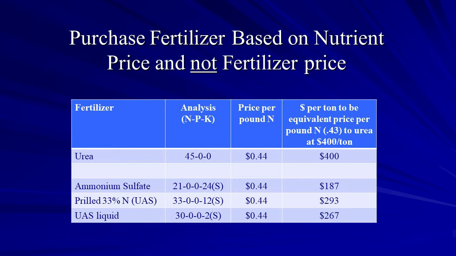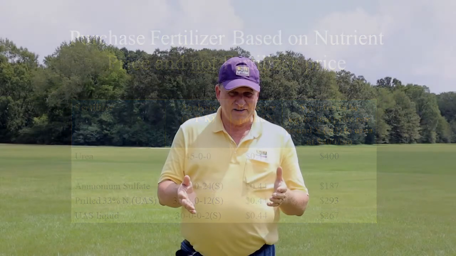If you're using a liquid fertilizer, the 30-0-0-2, if urea was about $400 a ton, that fertilizer would need to be about $260 a ton so that you could get the same amount of nitrogen for the same money. So the main thing is, don't look at the price of the fertilizer. Look at the price per pound of nutrient that you're trying to get applied.